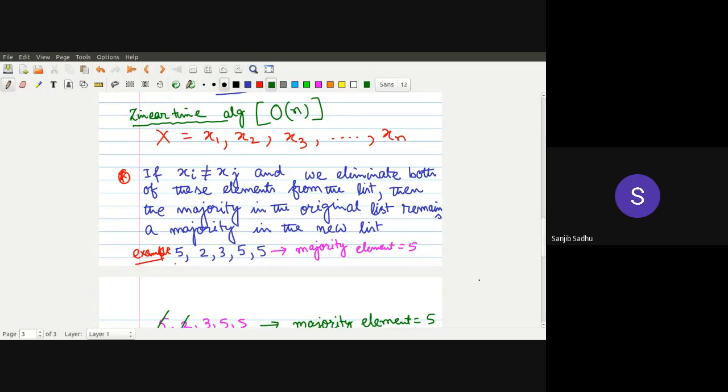If they are the same, then I will use a counter for the frequency or multiplicity, how many times it occurs. If x1 equals x2, then the multiplicity is 2, meaning it has occurred 2 times. Then the third element, is it the same? If so, I will increase it. But if it is not the same, then I will decrease the multiplicity.